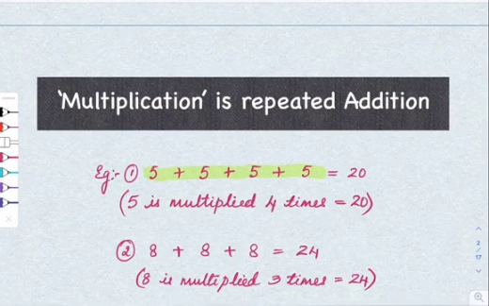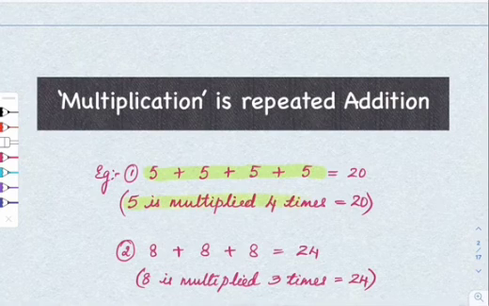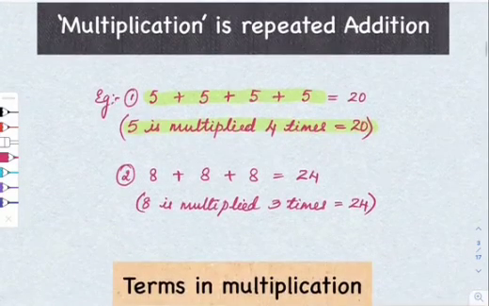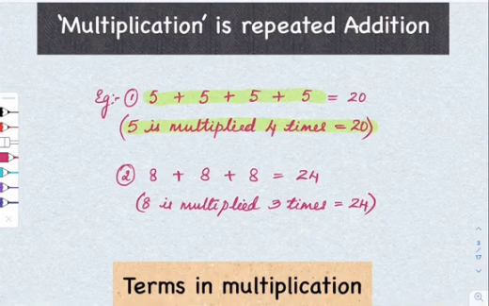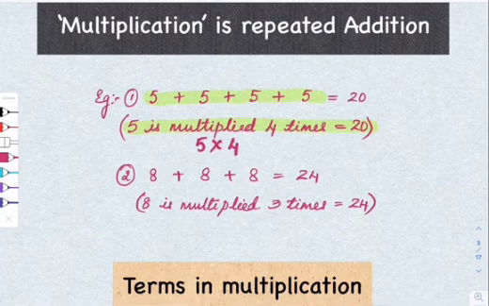Here, in the same example, I could even mention it as 5 is multiplied 4 times, wherein I get the same answer. You can even cross verify. Five multiplied 4 times gives you 20.